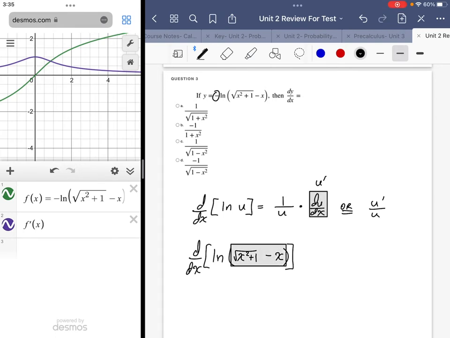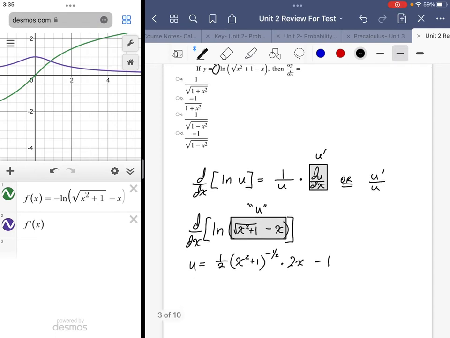Anyway, so this would be my u. If I'm going to take the derivative of the u, it would be 1/2 times x squared plus 1 to the negative 1/2 times 2x, and then I'd have a minus 1 off at the end.